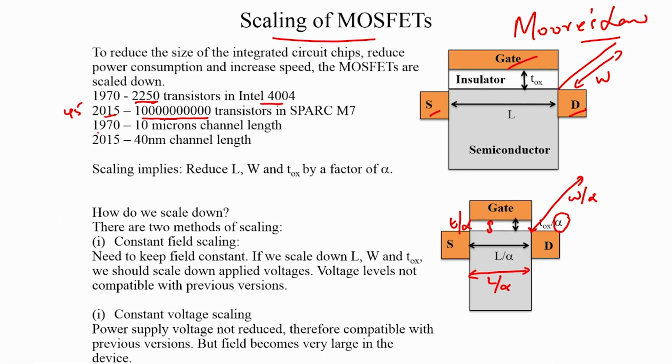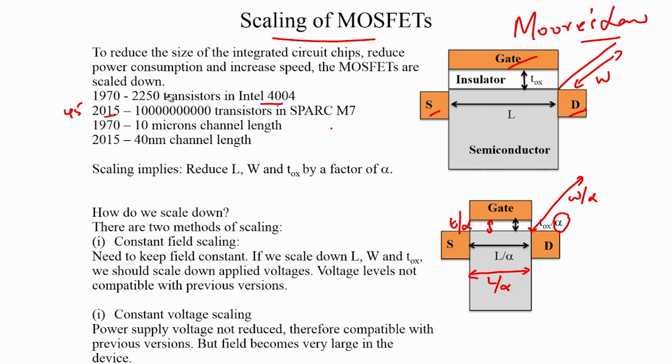Going back to the 1970s, that is the number of transistors. The transistors had a typical channel length of 10 microns, and in 2015 the channel length of the transistor is about 40 nanometers. So, that is going 3 orders of magnitude lower in terms of channel lengths.